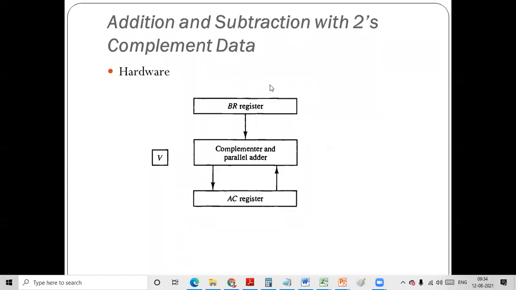The advantages that you observed while deriving the algorithm are that we don't separate the sign bit while performing the addition, and there are no multiple representations for any number. So the minus 0 problem is also avoided in this algorithm.